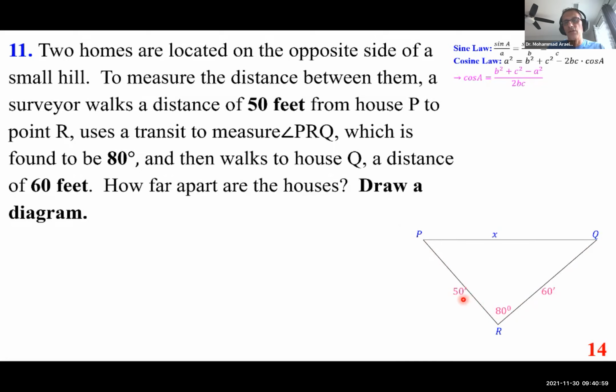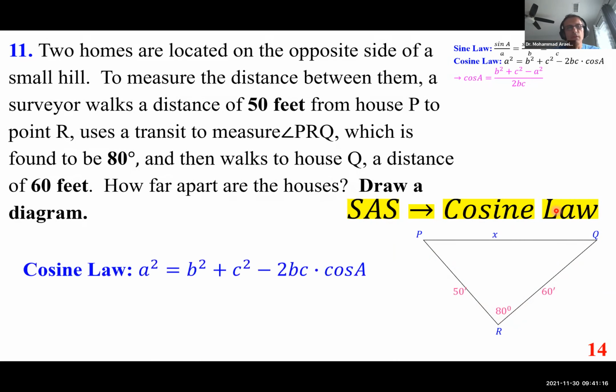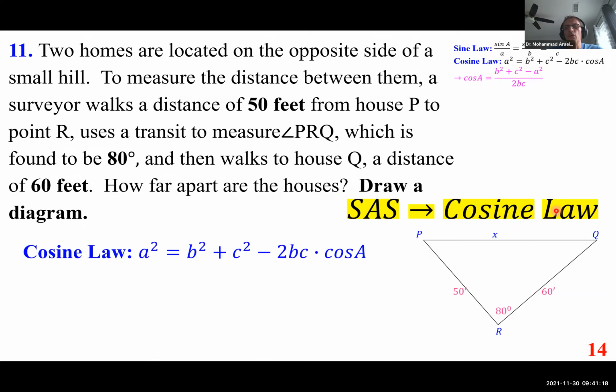This distance can be calculated and measured, 50, and this is 60. So now we are dealing with SAS, side, angle, side, or SAS cosine law. So X or PQ is of interest to us. So PQ squared or X squared is the two sides squared, 50 squared plus 60 squared, then minus 2 times this product of the two, 50 and 60 in any order, and cosine of in between.